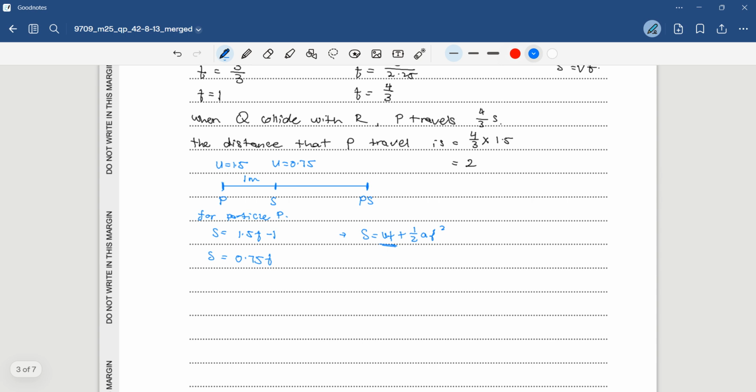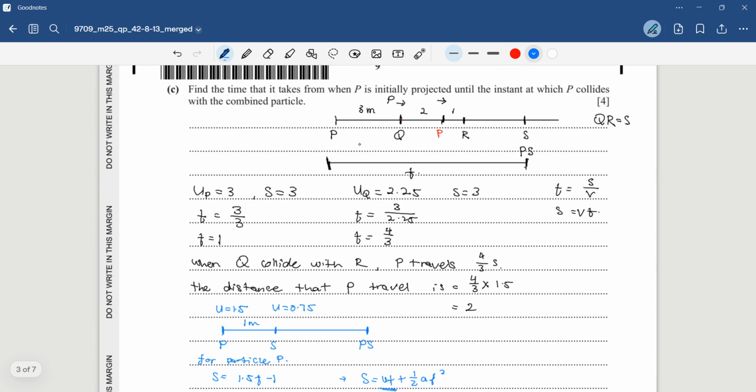Okay. So it's going to be 1.5 T minus 1 equal to 0.75 T. So we simplify this. I'll get T equal to 4 over 3. Okay, so means from here to here T equal to 1, from here to here T equal to 4 over 3, and from here to here is also T equal to 4 over 3.